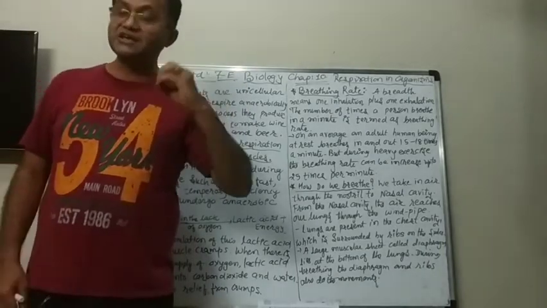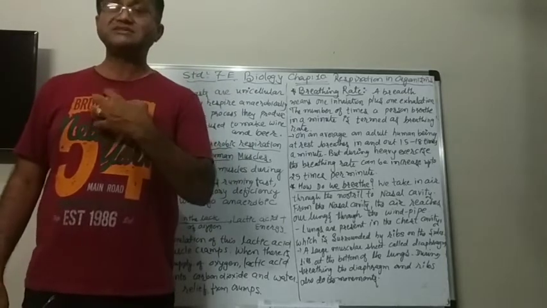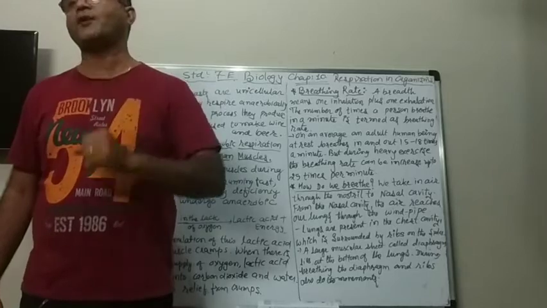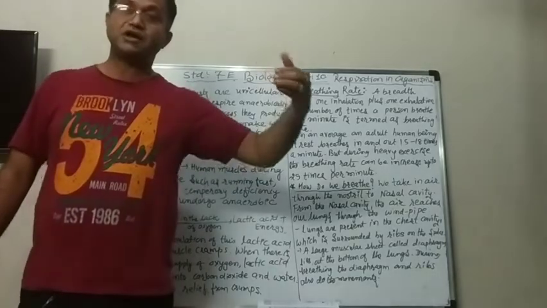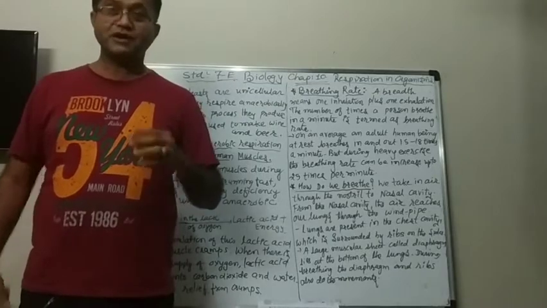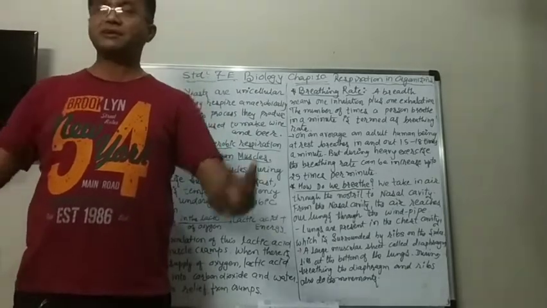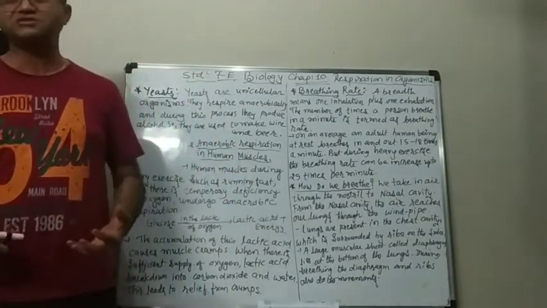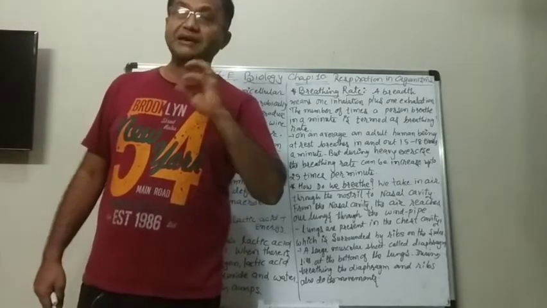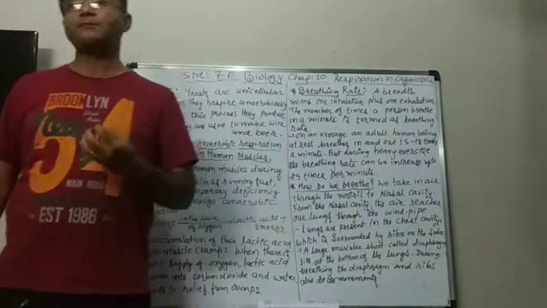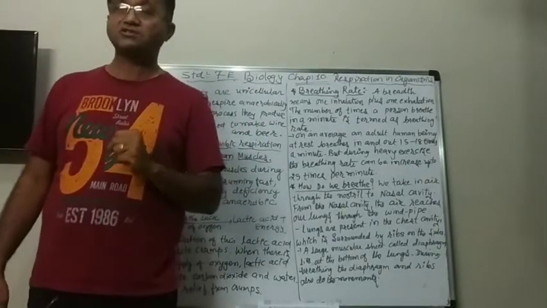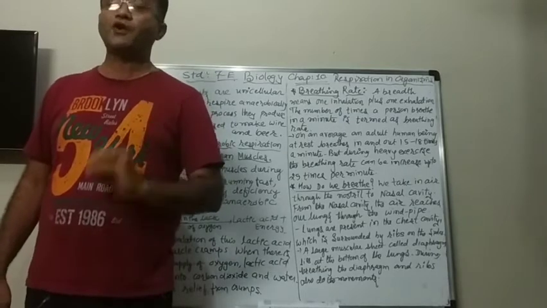So in this situation the muscle cells get an insufficient supply of oxygen. The requirement for oxygen is more, but they cannot get more oxygen. So there will be a lack of oxygen.